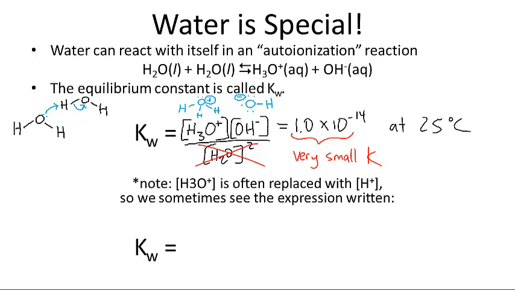H3O plus here, this ion has its own name. H3O plus is called the hydronium ion.